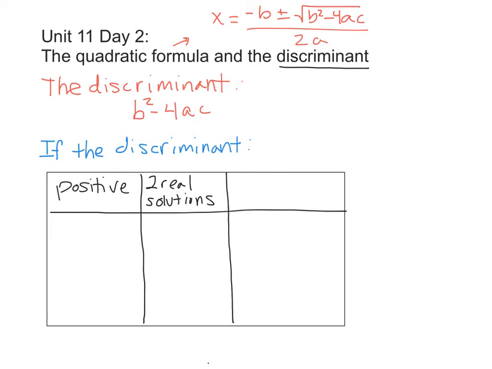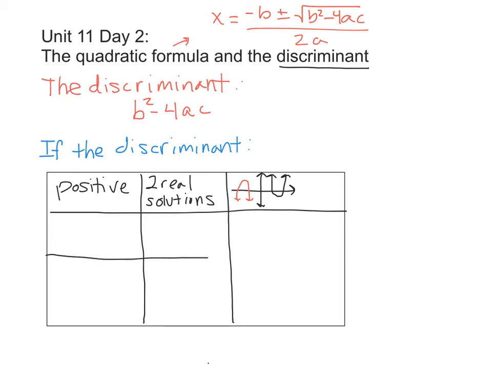So this graph would kind of look like this, what we have seen before, where it goes, there's our U. Or, of course, it could go downwards. It could look something like that. But just knowing that it crosses the x-axis 2 times.